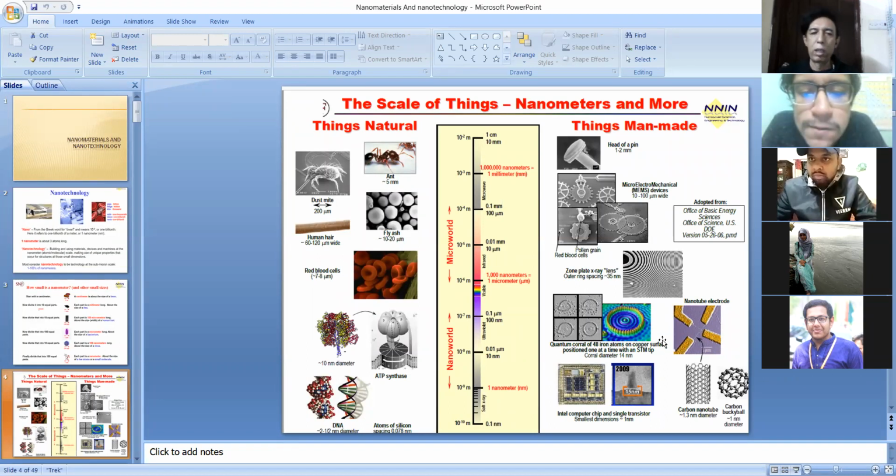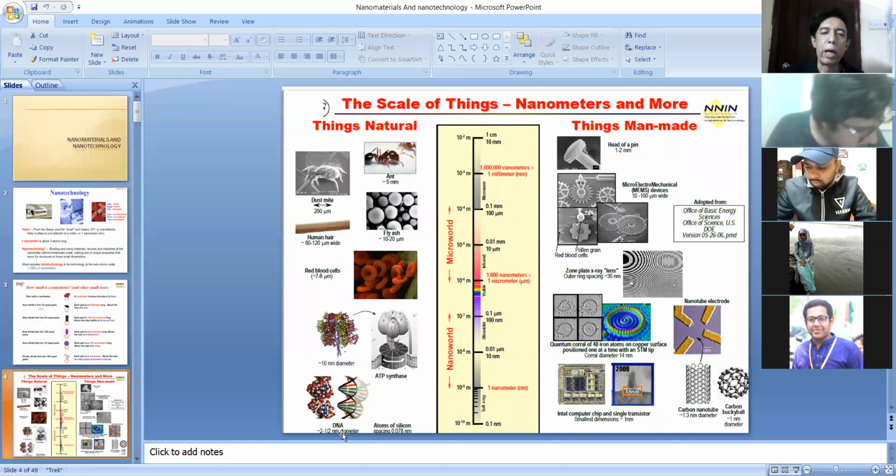Say, for example, ATP of a man's cell is about 10 nanometers in diameter. The diameter of a DNA is about 2.5 nanometers. The red blood cell is 7 to 8 micrometers.